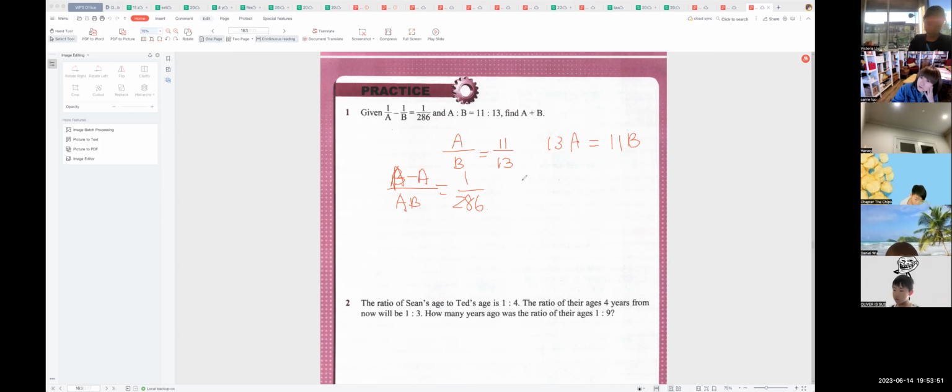So if you want to, you can even put A equals 11 and B equals 13. Try to do that.